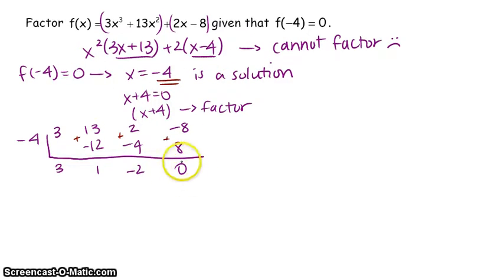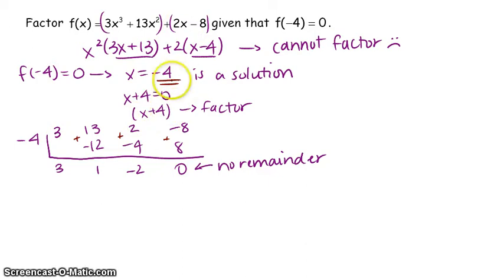If we end up with the 0 here, that means we have no remainder. And another thing, if we don't have a remainder, that means when we divided this whole f of x by our factor of x plus 4, it went in perfectly.